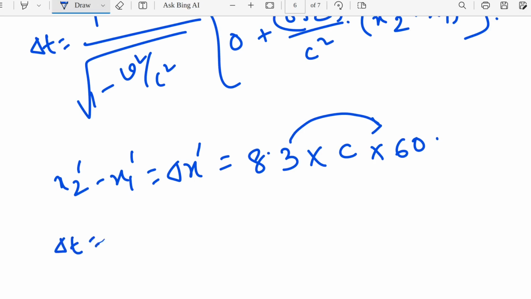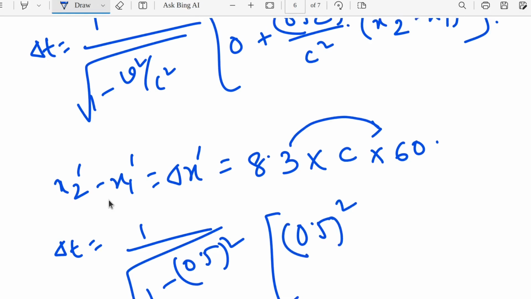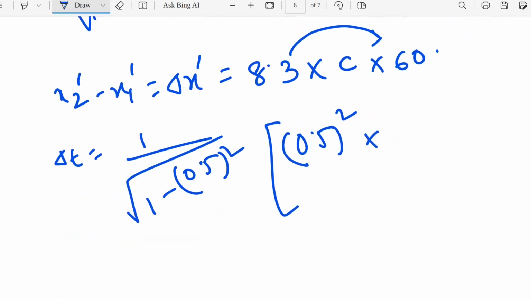Now again we put in the values here: 1 over root of 1 minus 0.5 whole square, times 0.5 whole square, times 8.3 times 60.